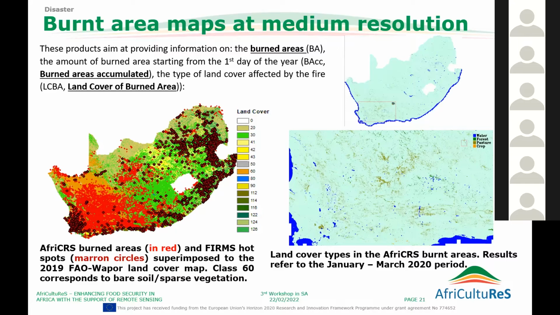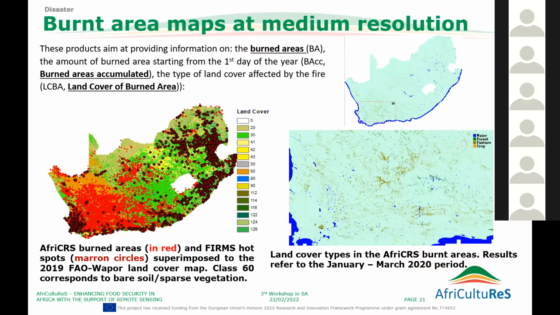Another one of the products that we are providing through Africultures is the estimation of the burned area. This is done at medium and also high resolution, but as Thomas said, the one at high resolution is made on demand. If someone is requesting, we can provide it.